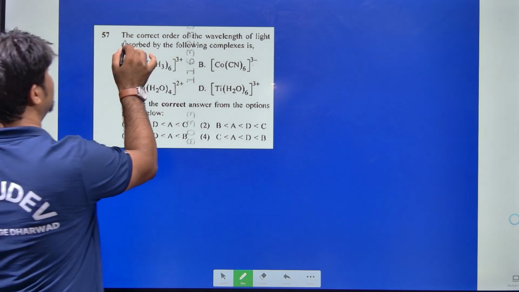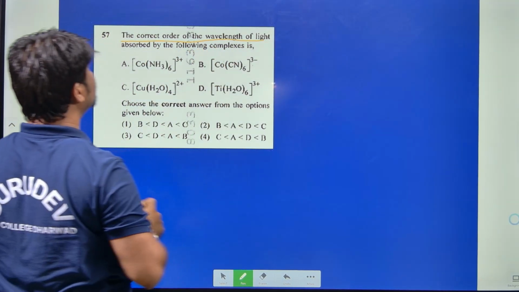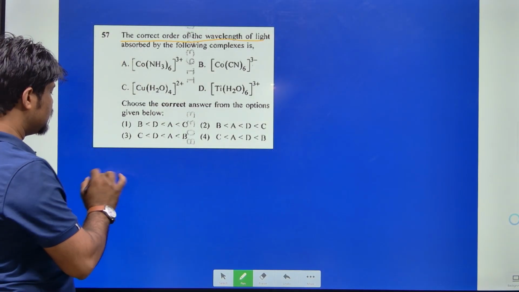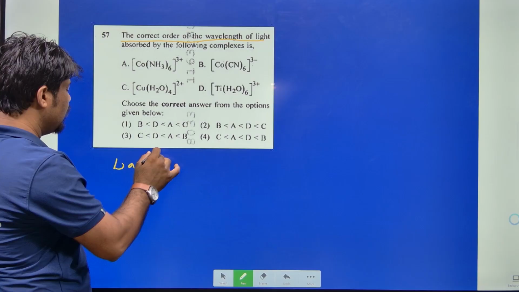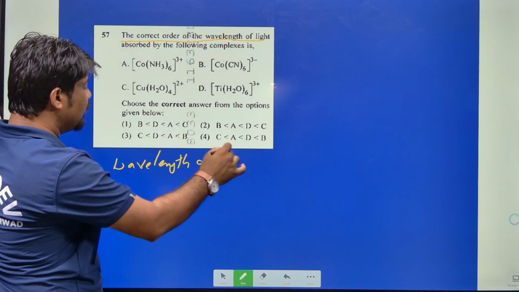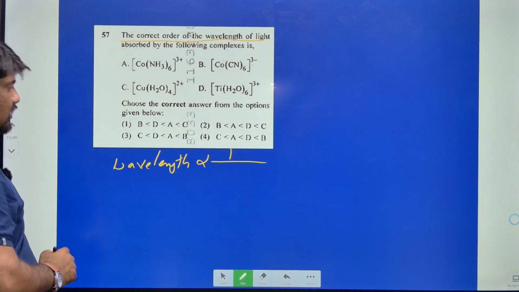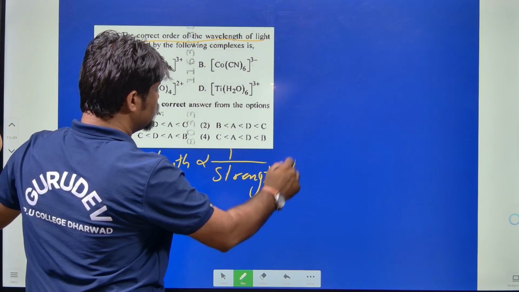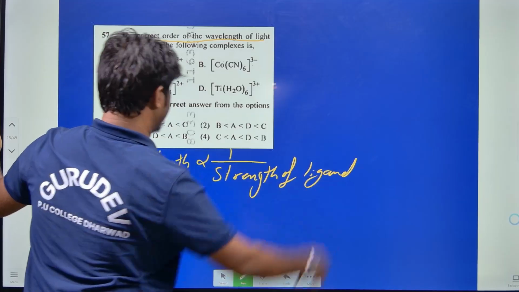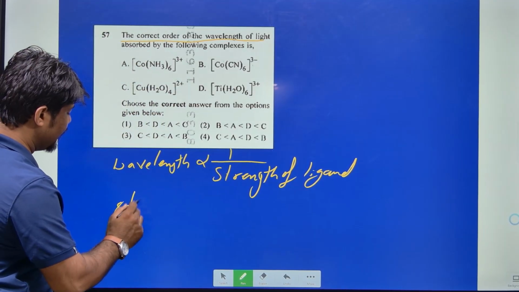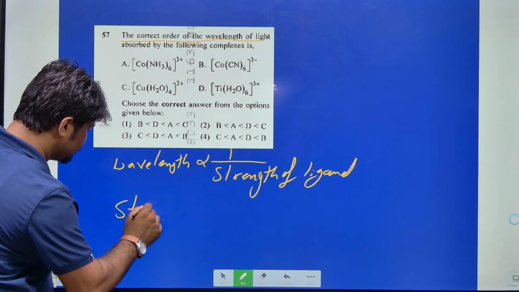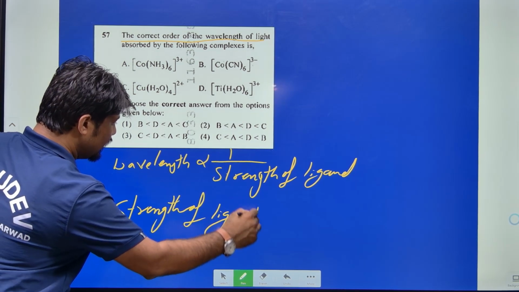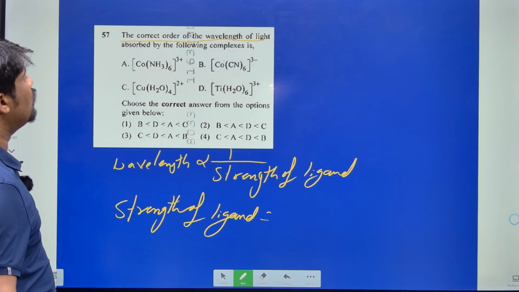Question number 57. The correct order of the wavelength of light absorbed by the following complexes. So we know that wavelength is inversely proportional to the strength of the ligand. Which one will have more strength?